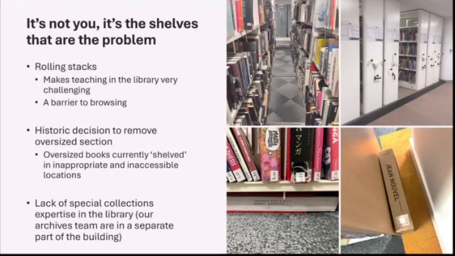So a lot of my books are in our rolling stacks, which strikes many art librarians with shock and horror, because how can students browse something where you have to move the shelves along and form a queue? That's really, really impacted my teaching in particular. We don't have an oversized section, hence why I've got a photo of a book that just lives on the floor.